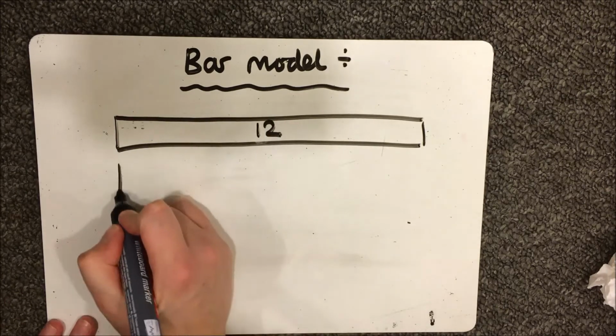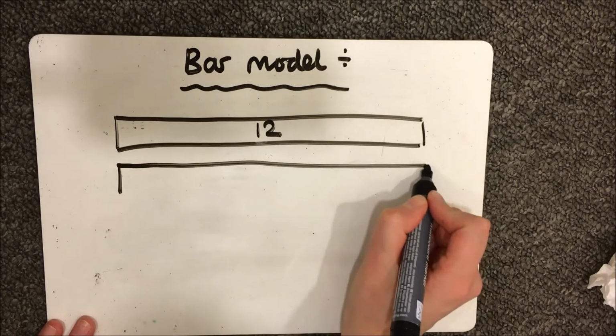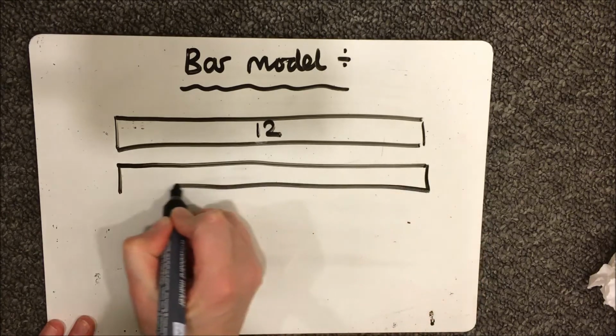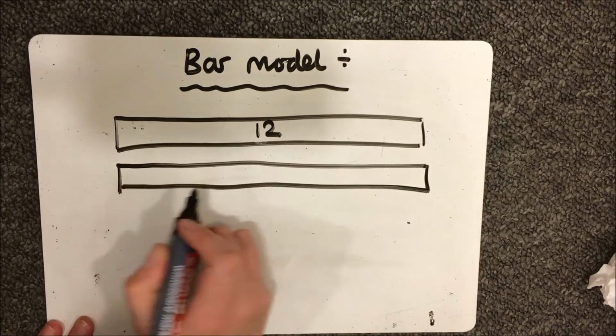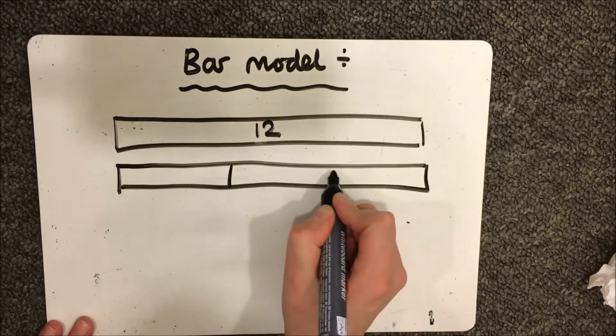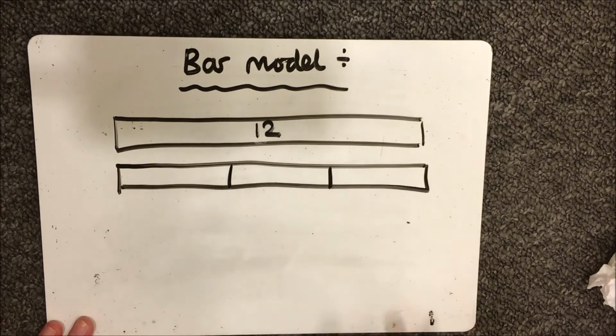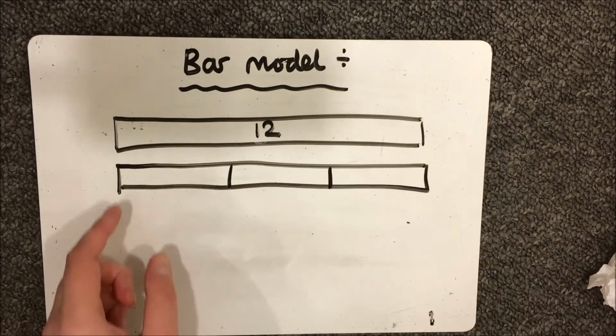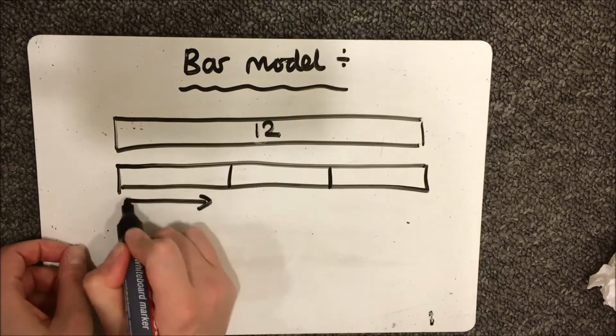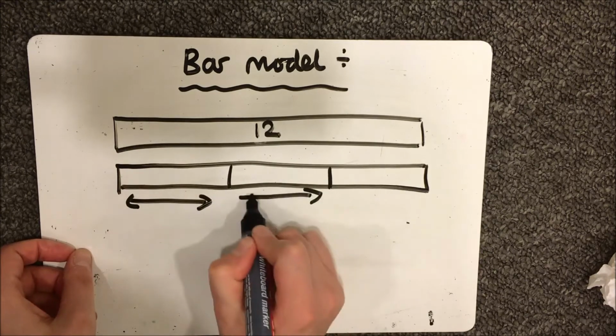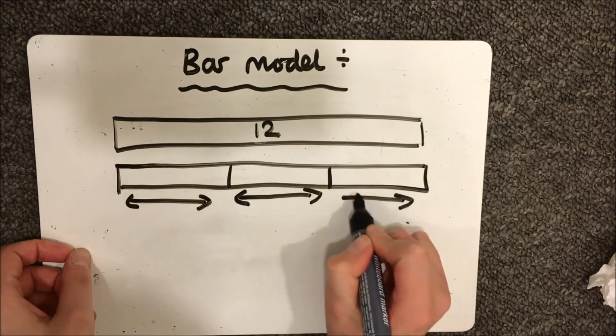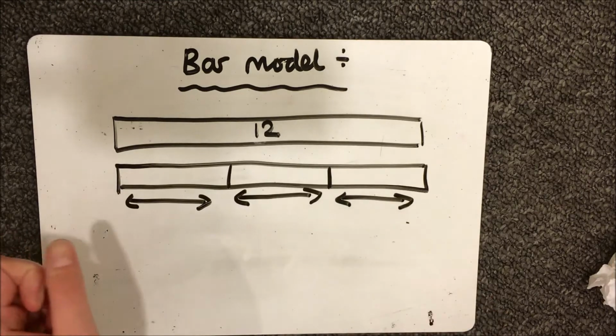I'm going to draw the same size bar underneath. How many am I going to cut it into? How many groups do I have? That's right, I have 3 groups. 1, 2, 3. I have to try and make sure these bits of my bar are the same length because the groups are equal, the same.